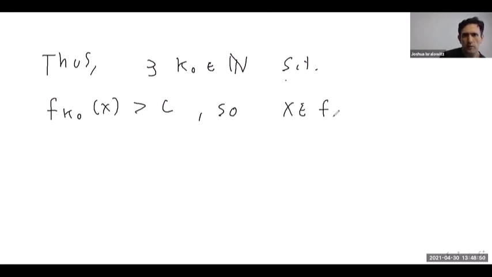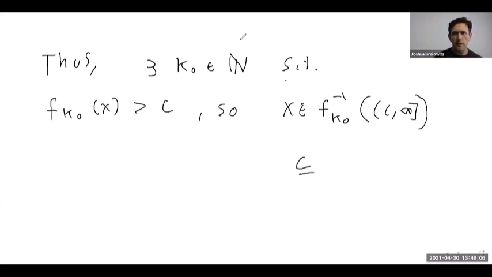So same kind of reasoning, x is in the inverse image of the set here, and that's a subset of this union, obviously.